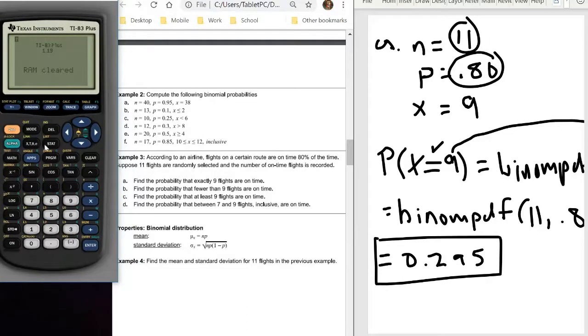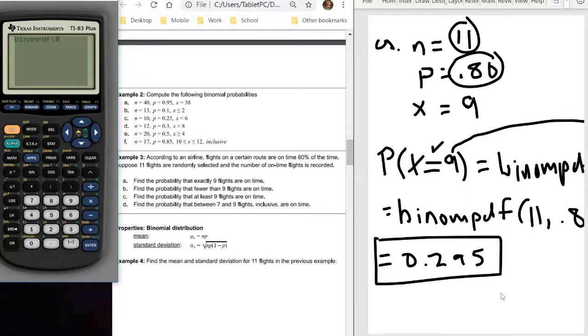You'll go to second bars, and you want to scroll down until you find Binom PDF. Binom PDF is used for an equal sign. But notice the difference. It places a function on the home screen, but it doesn't really tell us what to do next.